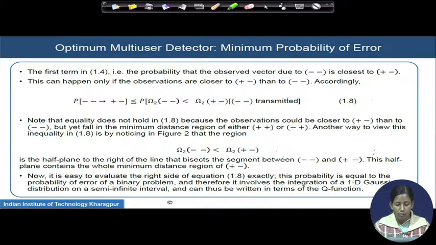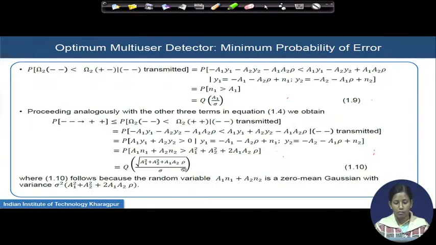So it is now easy to evaluate once I write down this expression. This right side is easy to evaluate, because it is a one dimensional Gaussian distribution on a semi-infinite interval, and we can easily express this probability using the known Q functions.